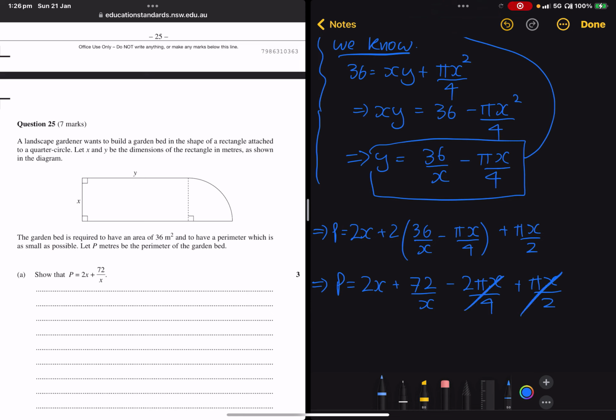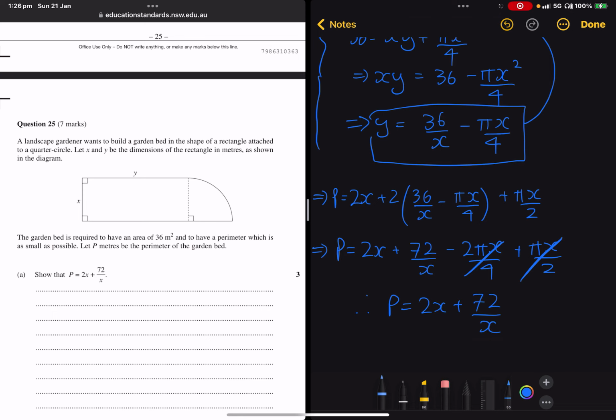Well, these actually cancel. So therefore, the perimeter is equal to 2x plus 72 on x. This is the perimeter as a function of x with the condition that the area of the total thing is equal to 36 meters squared. And so this is the answer to this question.